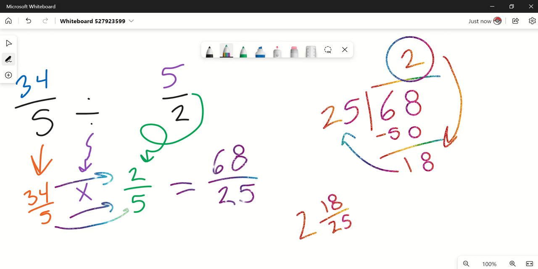So it looks like this is my final answer, and then don't forget that this is in miles. So you put the M there. So the Mariana Trench is approximately 2 and 18 25ths times bigger than the average depth of the ocean. And that would be our answer.